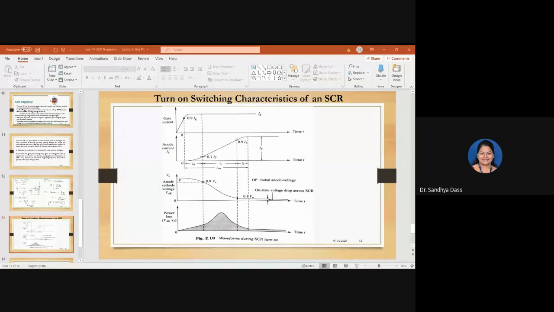Ma'am, first when you apply the gate voltage at the gate terminal of SCR, there will be gate current, a small rise in the gate current, but then the anode current will be low and then it will increase gradually. So there are some representations in the waveforms depicted there. If we have to talk about switching characteristic, then how do you interpret this?